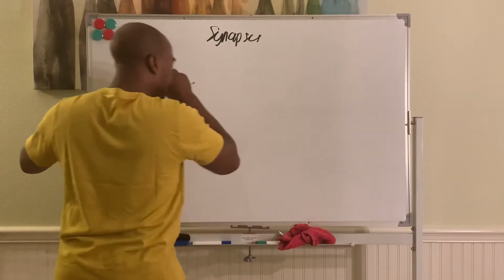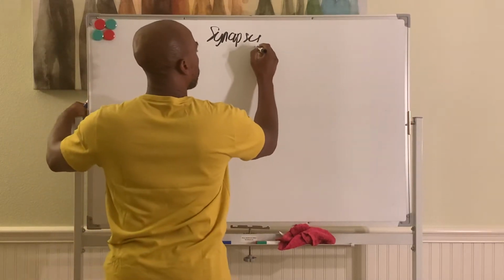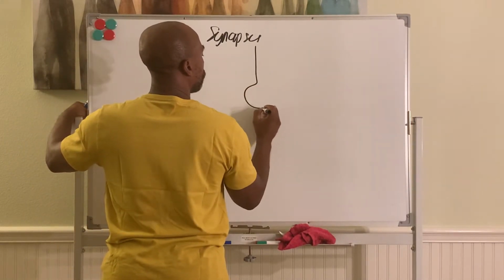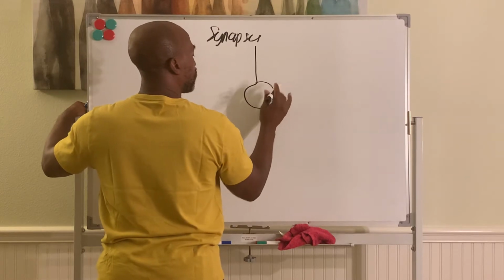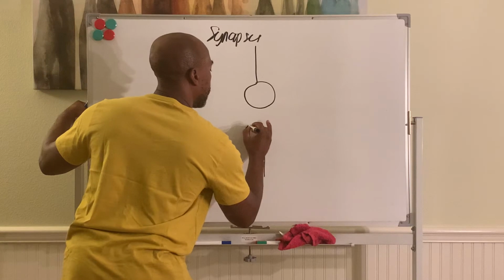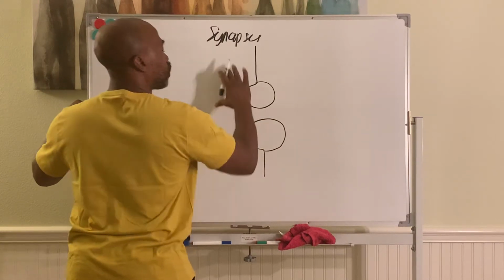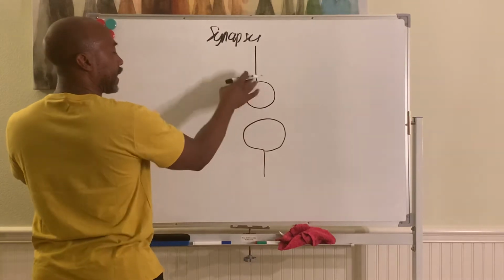So, events at a chemical synapse. Here is the incoming neuron. This would be a synaptic knob, and here it is synapsing, let's say, with a soma. So this would be an axosomatic synapse.